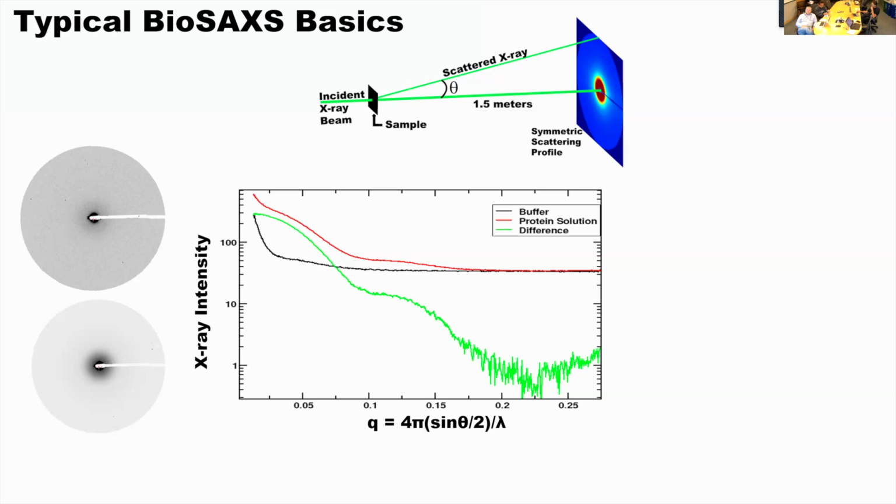So we're collecting at monochromatic X-rays, regardless of intensity, okay? But there's sort of a normalization that occurs.